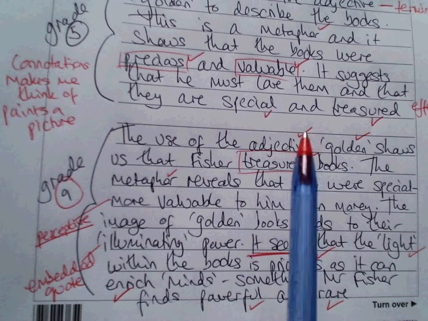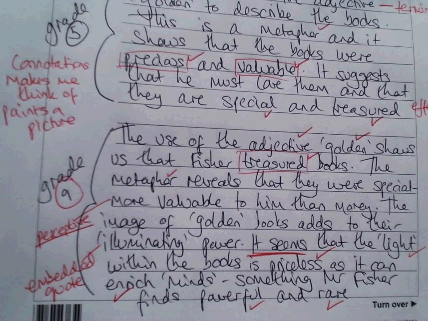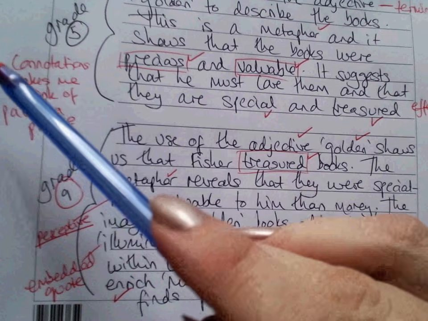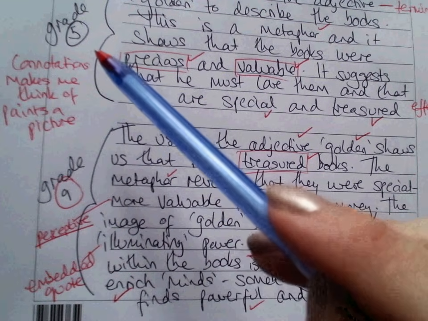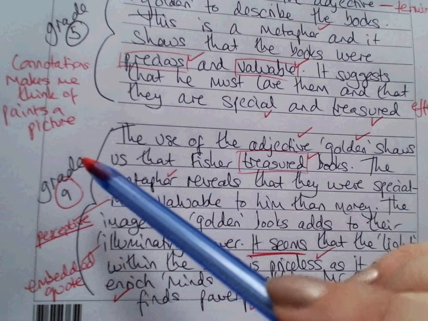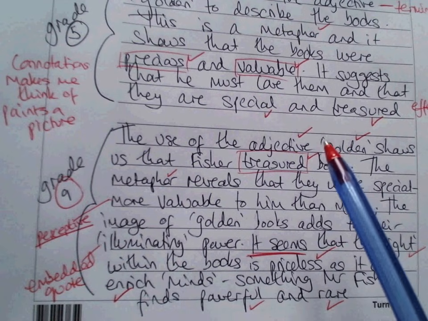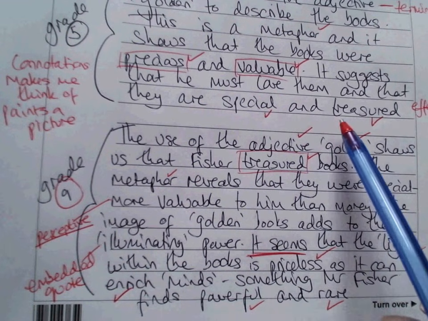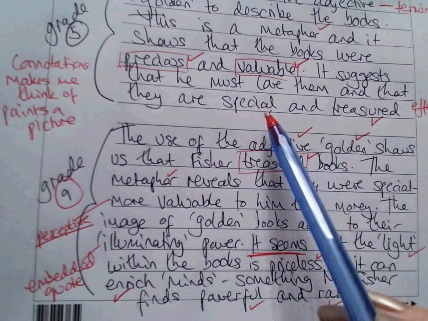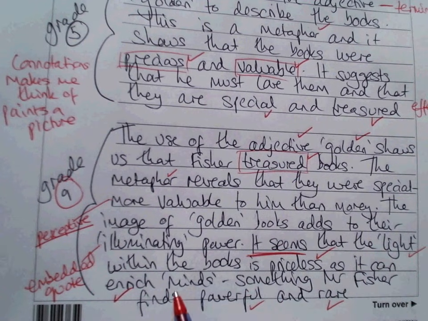So grade 9 is not beyond many of you that are maybe watching this, and really what you're doing in terms of moving from 5 to 9, to put it into a really simple summary, is that you are finding more words when you zoom in, more things you can say about your word or your example, and that you're trying to back up and support the points you're making, perhaps by bringing in another example and just trying to think really deeply about what that example is showing you.